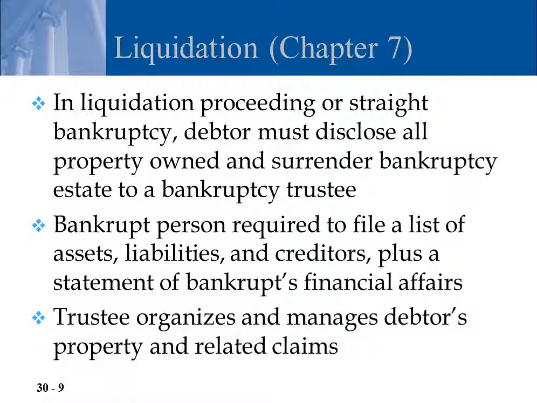For example, if the bankrupt person is in the process of the 45 days trying to hide assets or distribute assets, put assets in other people's names so it wouldn't be within the reach of the bankruptcy court, then the court will not allow the extension of time.